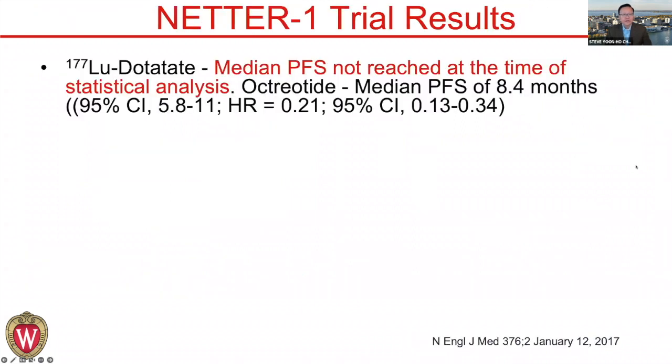And so when you take a look in a little more detail, the median progression-free survival was not reached at the time of the statistical analysis, and octreotide alone, which is the standard of care, had a median progression-free survival of 8.4 months.